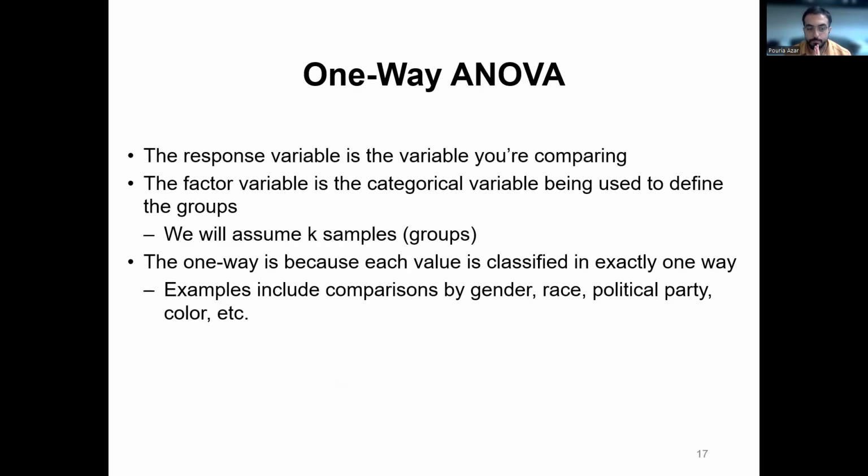So we are comparing independent means in one way, by gender, for example, by race, by education level, by political party. But if we want to compare the means by gender and race, or by race and education, that will be two-way ANOVA.